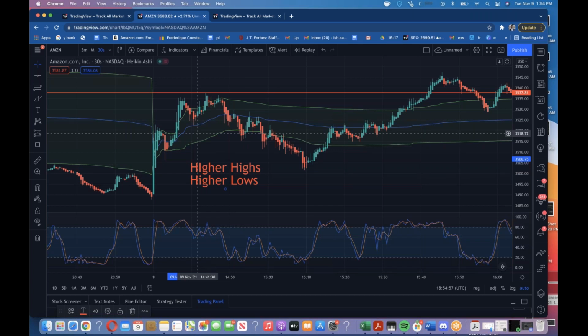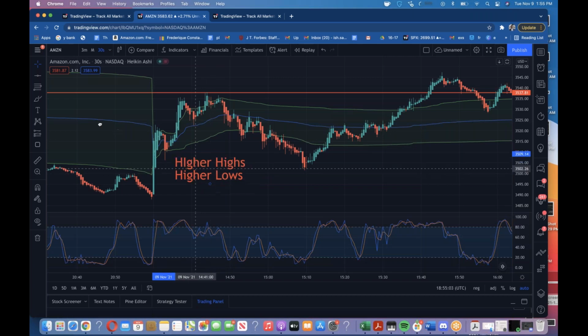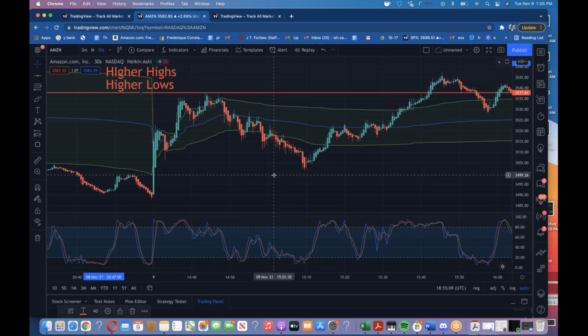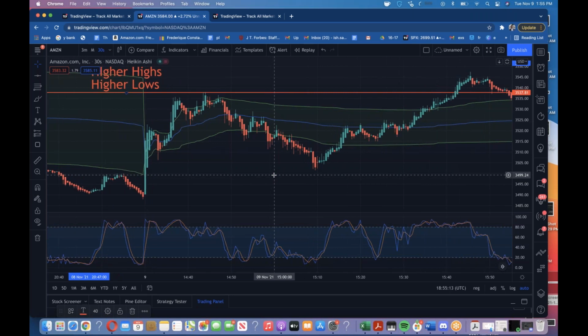And when we're seeing something bearish, it's going to be lower highs and lower lows. So this is a kind of mantra: higher highs and higher lows. And that's what we're going to be looking for when we're waiting for the opportunity, right?